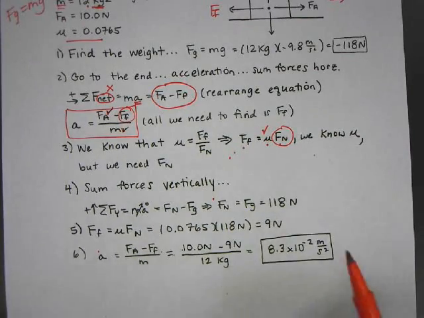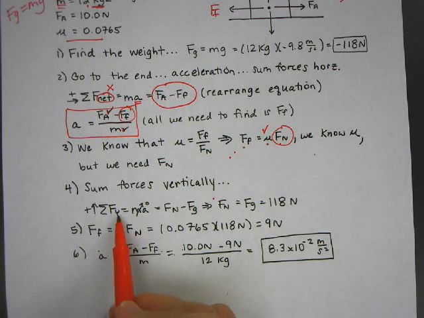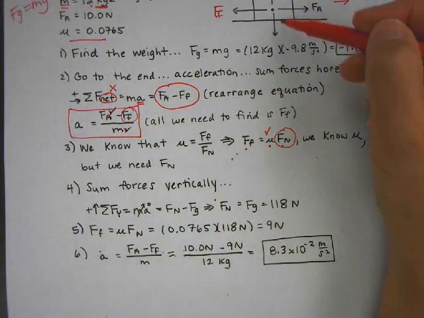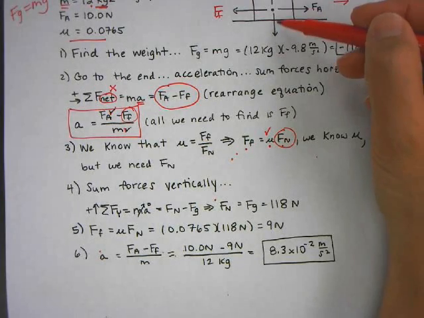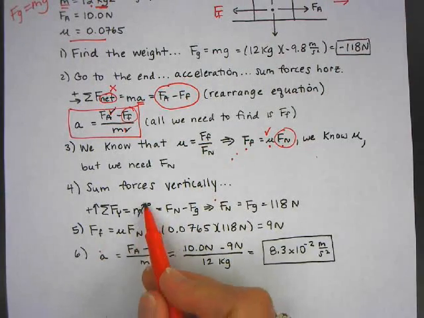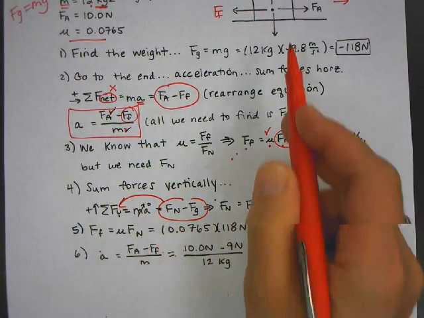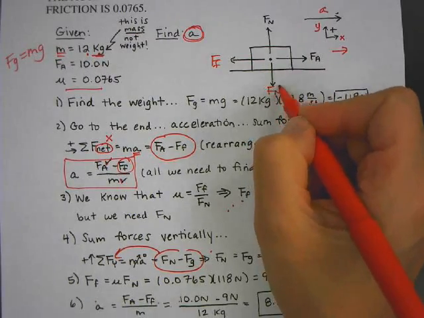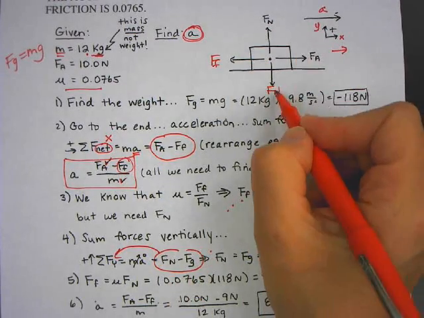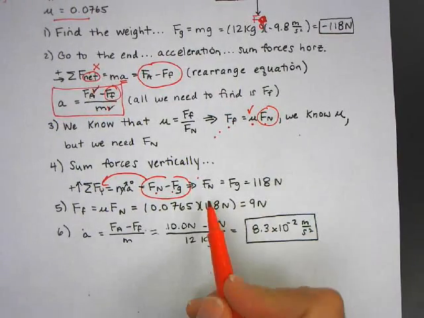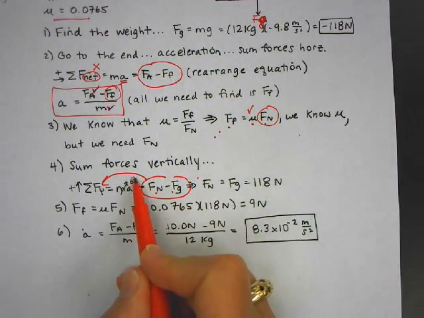So the last and the only other thing I can do is I'm going to sum forces vertically. Summation of F of y is ma. The block is not accelerating in the y direction. It's not even moving that way. So this is 0. This now replaces this. So I look at my free body diagram. So Fn is positive and Fg is negative, and this is equal to 0.